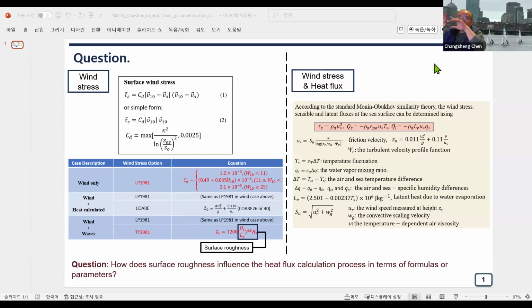There are two different approaches. One is friction velocity, like the similarity boundary layer theory, like the log layer. But this one is called wave interaction. It's a little bit different. You should do some physics first: how to get the surface thermal boundary including the wave.